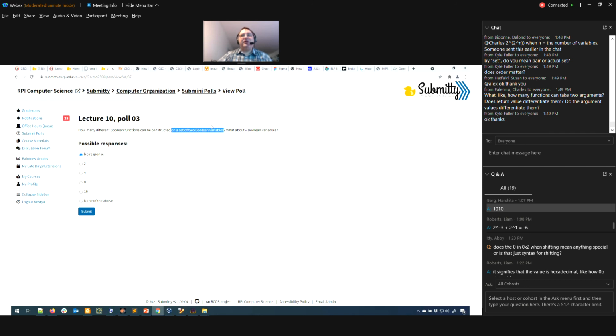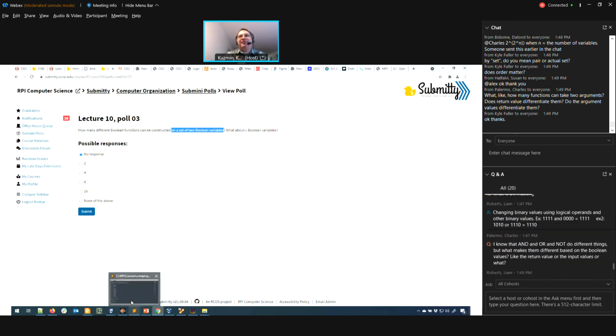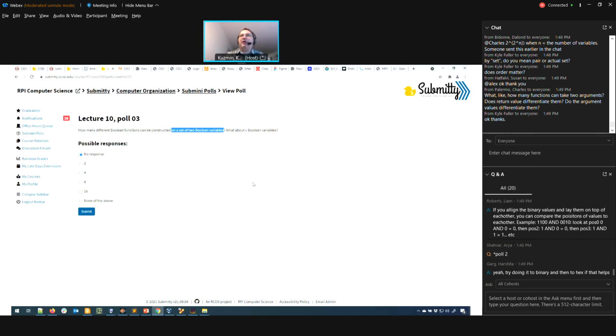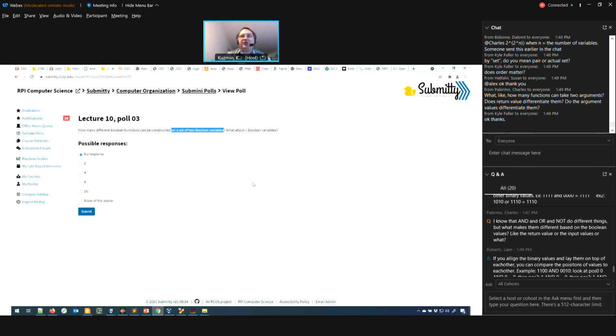The return value differentiates them. So 2 Boolean functions are different if they have different truth tables. That's the definition. If the truth tables differ in even 1 row, they are different functions. If they are exactly the same, they're not different functions. They are the same function.